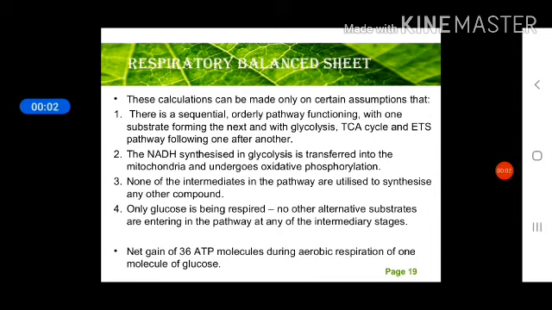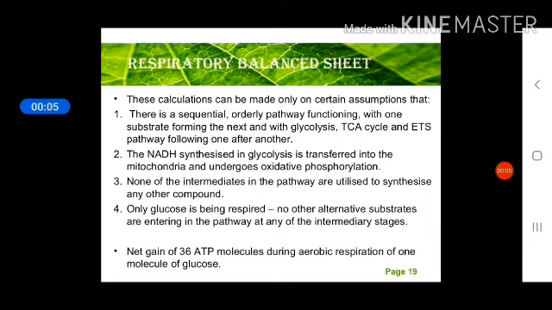In the previous lectures, in the respiration chapters, we have learned about the introduction of respiration, types of respiration, aerobic and anaerobic, and steps of respiration like glycolysis, and in aerobic respiration, the Krebs cycle and ETS, the electron transport system, and oxidative phosphorylation.